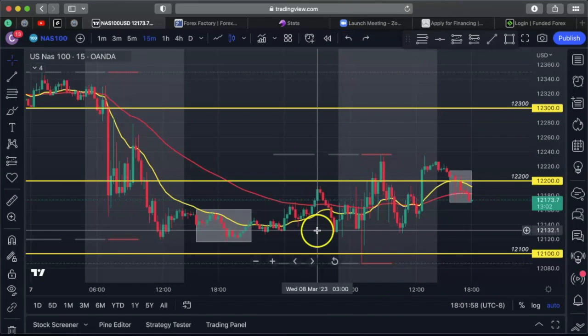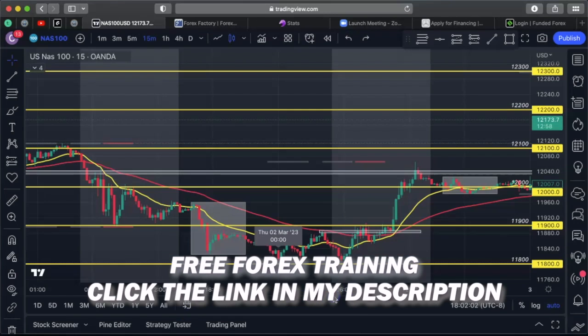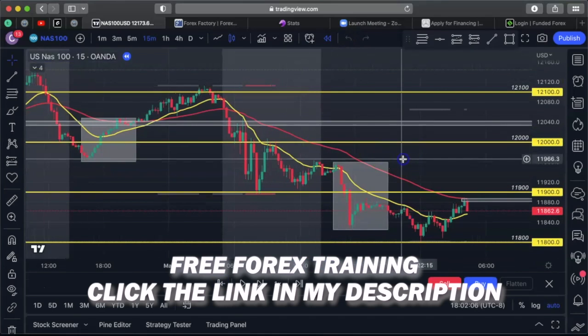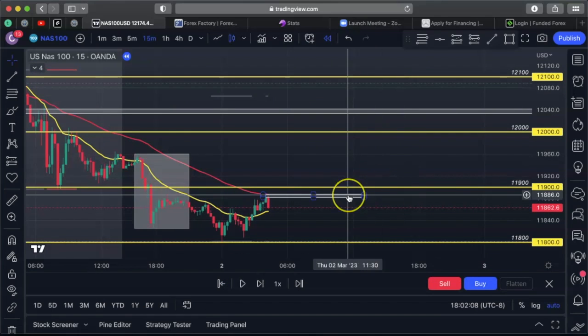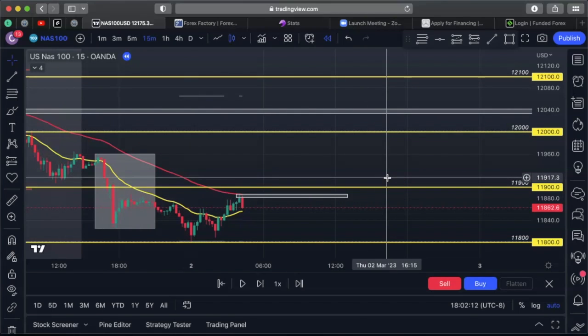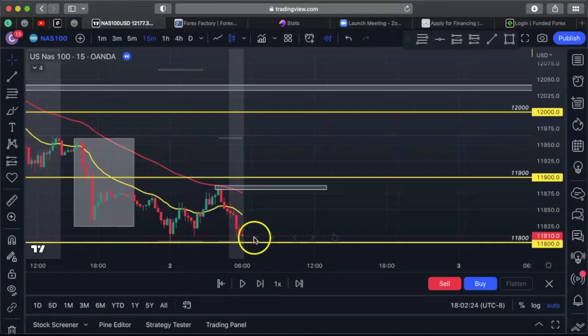Click go to, then we're going to replay. Now we're going to go back in past times and see exactly what I would be looking for. Usually when I am trading, I'm looking at the daily chart, then the 4-hour, then the 1-hour, but we're just going to stay on the 15 minute time frame right now. So let's get to that 6:15 candle.